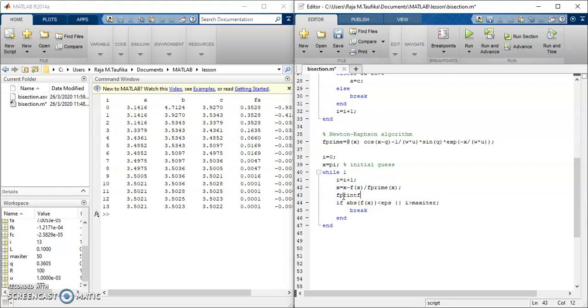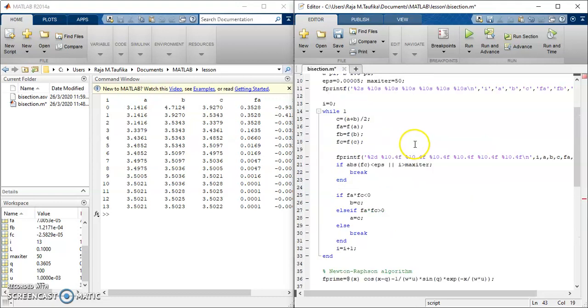So we have the i, percentage 2d, and then, I think it's better for me to copy a few lines here.